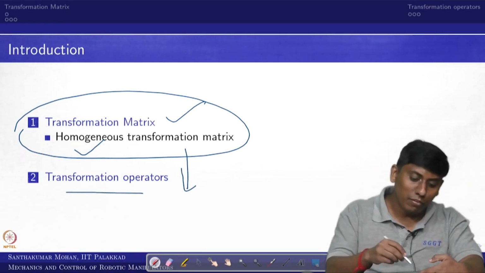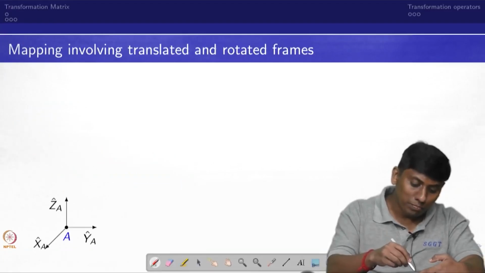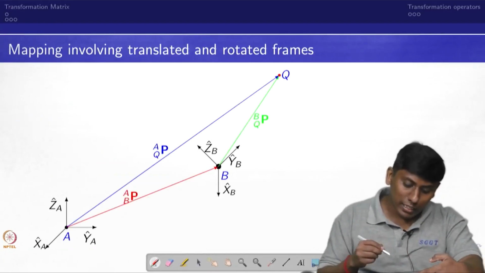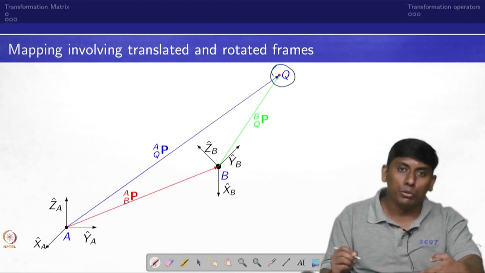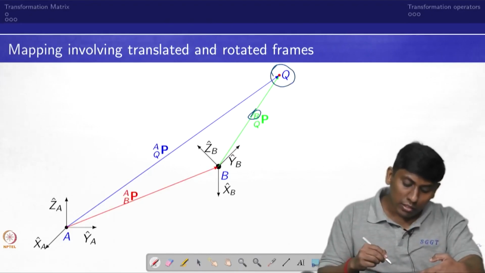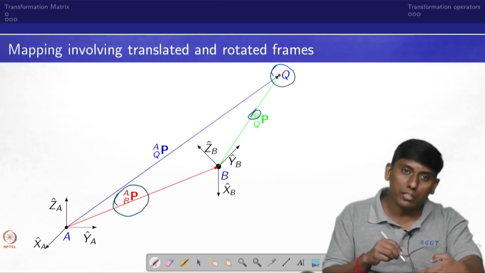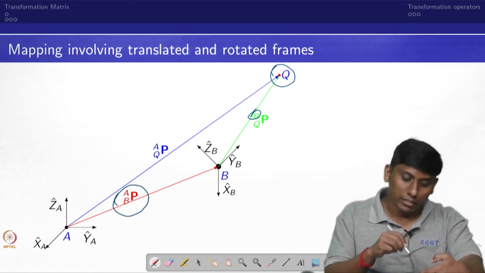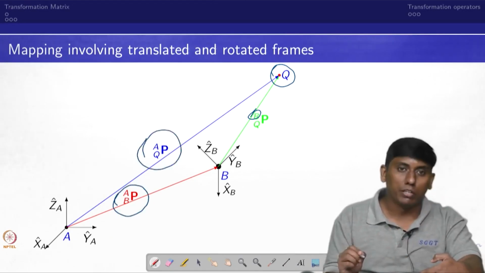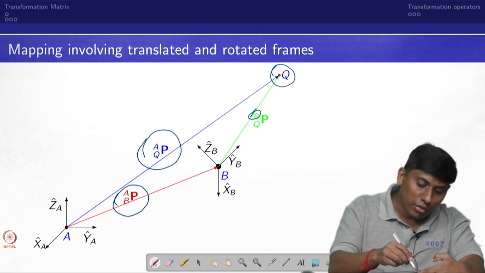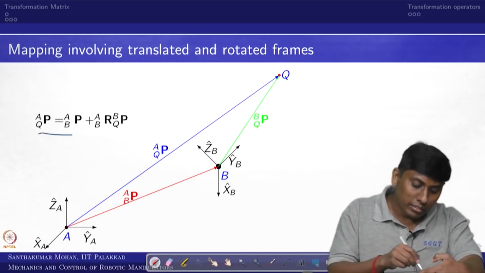So we will recall where we stopped. We have seen that the position vector of q with respect to b can be found if the positional information of b with respect to a and the orientational information of b with respect to a are given. This is what we have seen in the previous lecture.